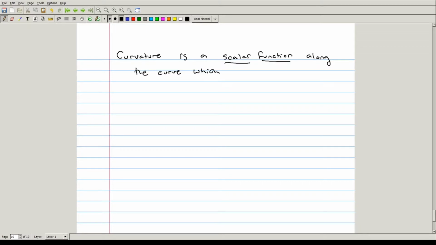which measures the rate of change in orientation of the unit tangent vector per unit arc length along a given trajectory.